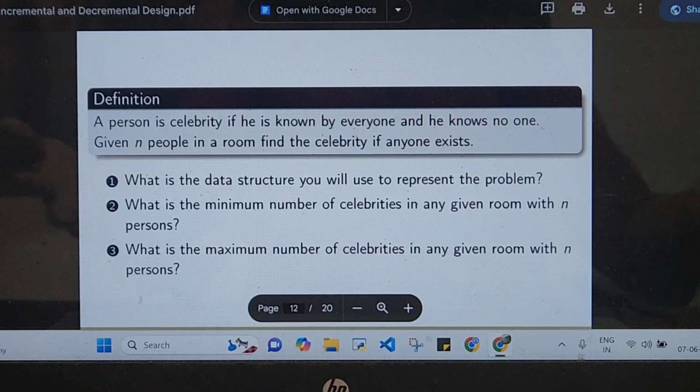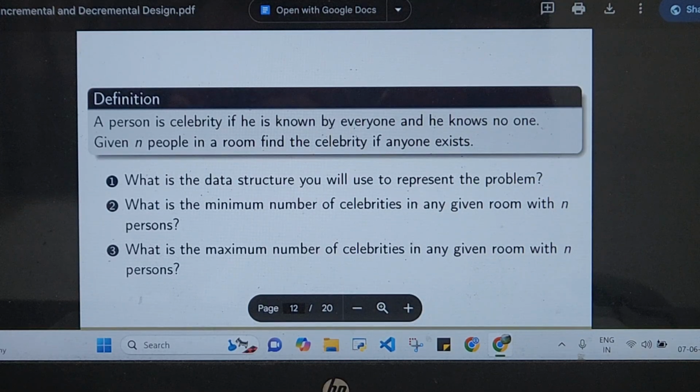I'll give you a quick proof as to why. Let's say there is this room with n people, and 2 people, X and Y, are both celebrities. Now X is a celebrity, which means by definition he or she does not know anyone else in the room, and Y is also in the same room. So X does not know Y, because that is how celebrity has been defined. Celebrity is someone who does not know anyone, but everyone knows him.